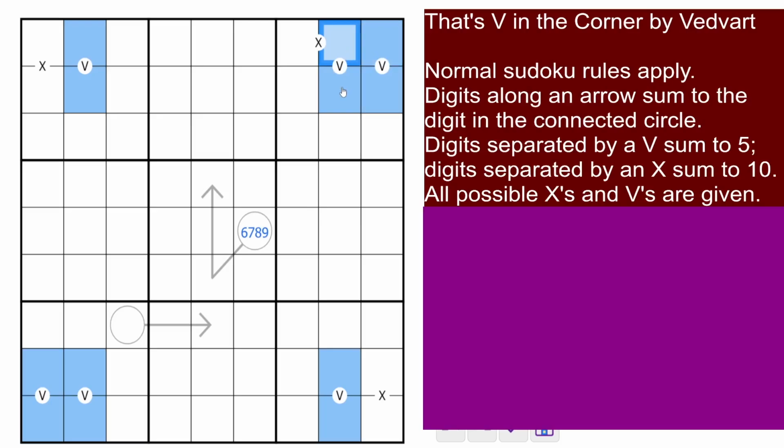The opposite cell on the V would then be 0 or negative, so that's not possible. So all these will be 1, 2, 3, 4, because there are only 2 ways to create a 5 using 2 cells. One is 1, 4, and the other is 2, 3. So each of these is either a 1, 4 pair or a 2, 3 pair.